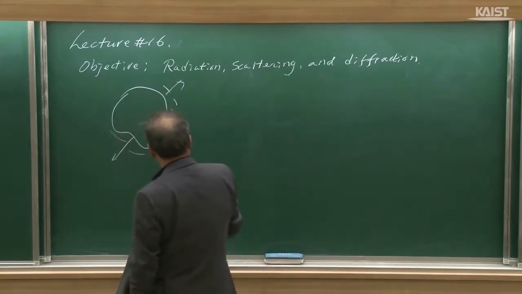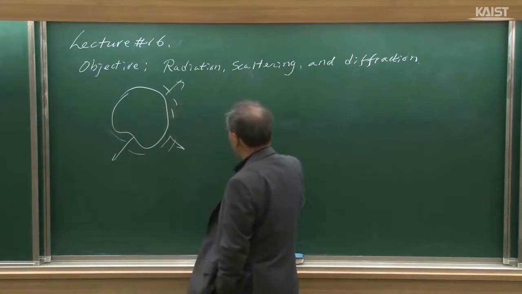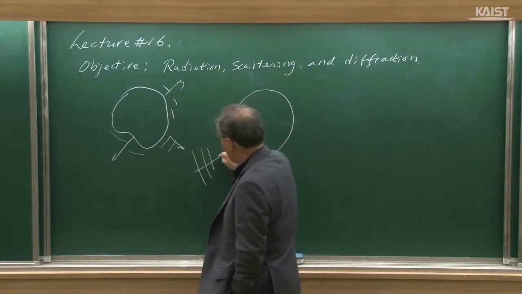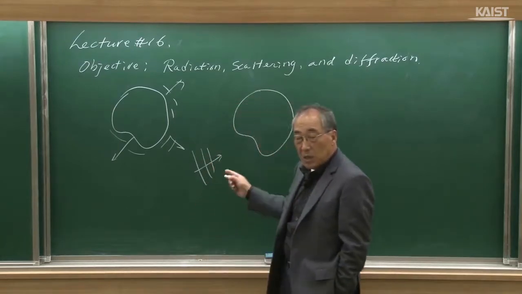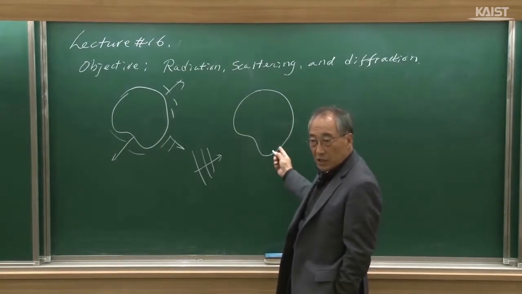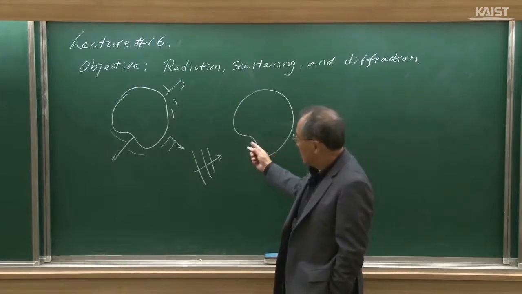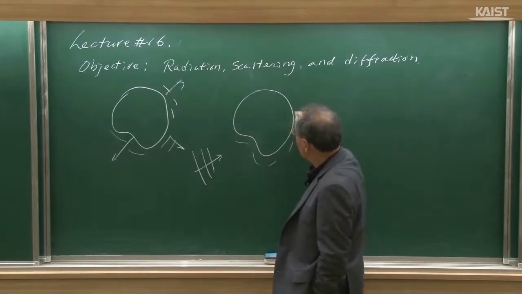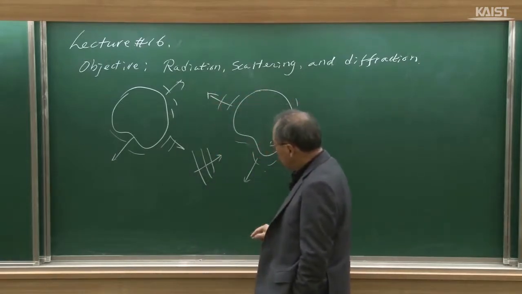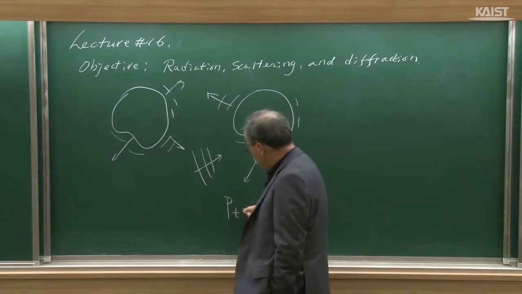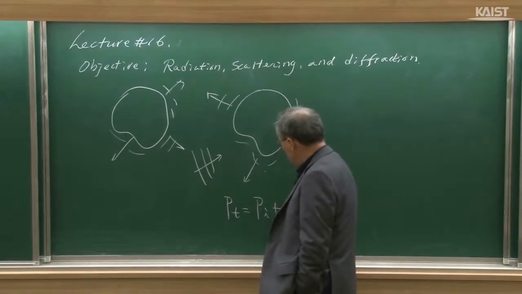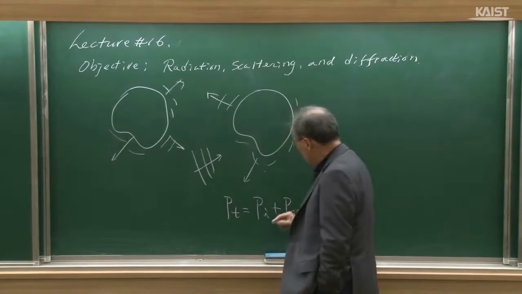And scattering is what we normally say when you have an incident wave and it meets some object in space, and then it is scattered, and then it radiates. So in this case, we said that the total sound field has two components. One is the incident sound, and the other one is the scattered sound.